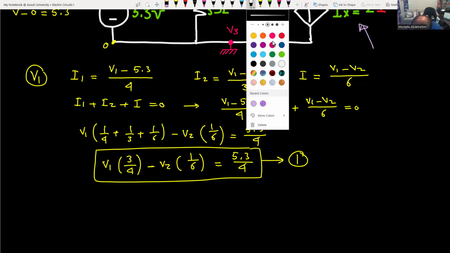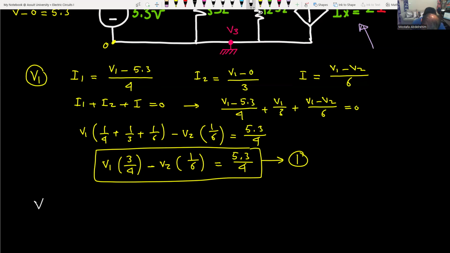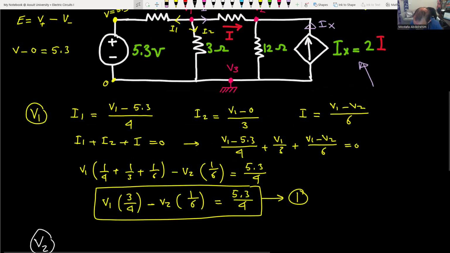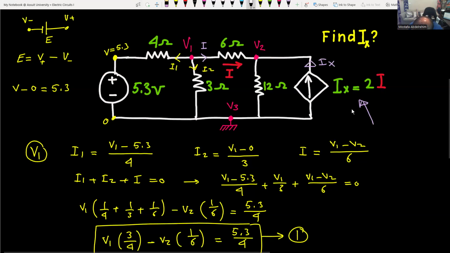So let's change the color. Let's go to white. So V2. Same procedure again. At V2, we're going to assume all the currents are going out. Let's call this one I1, then I3 because we already have I1 and I4, and I5.